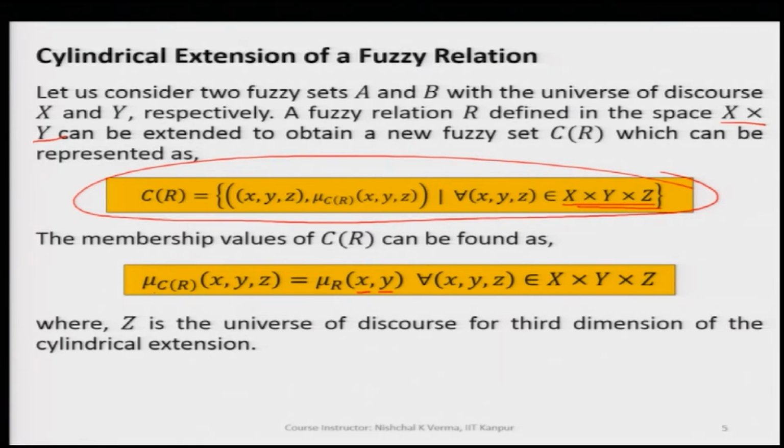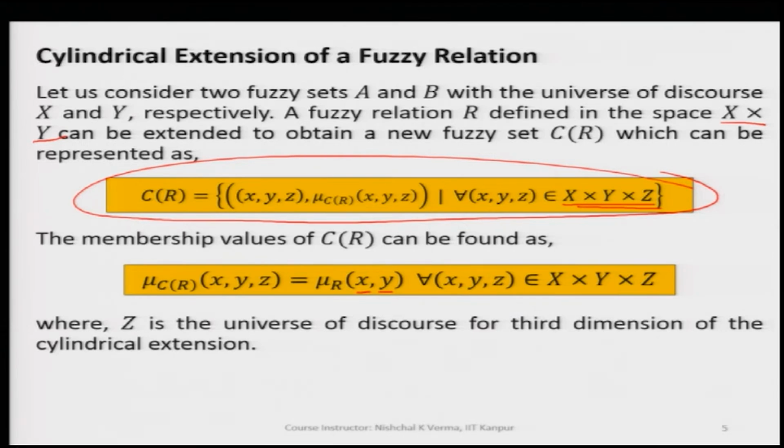So, mu C of R of x comma y comma z means the membership value at any point in the space x comma y comma z, all these being generic values. This will be equal to mu R of x comma y, and it is needless to say that all these x, y, z generic variable values will lie in the universe of discourse X cross Y cross Z. By taking the cylindrical extension of a fuzzy relation, we are adding one more dimension.